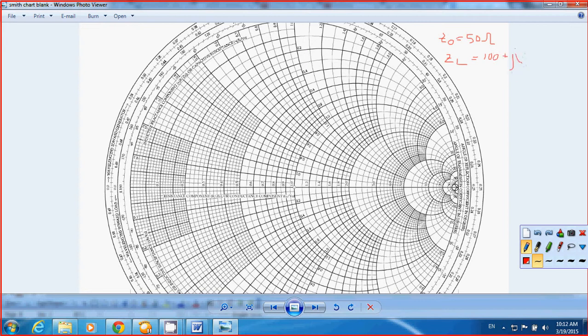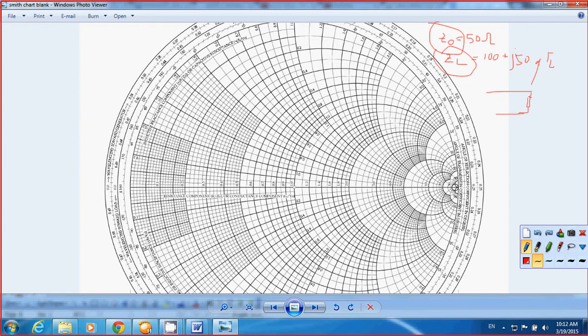What we're looking for is tau L, the reflection coefficient at the load end. You calculate it from these two numbers only. Now, how do we use the Smith chart to calculate tau L? This is what we're going to do here.